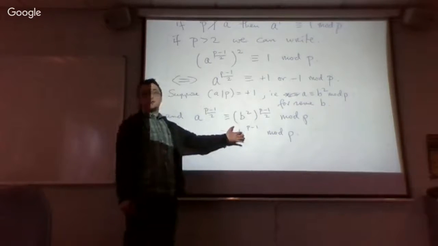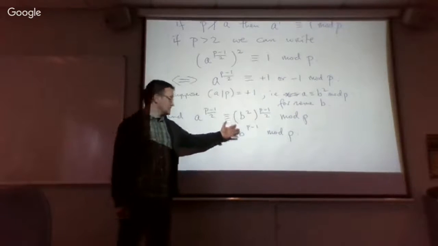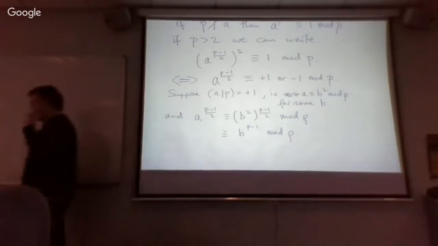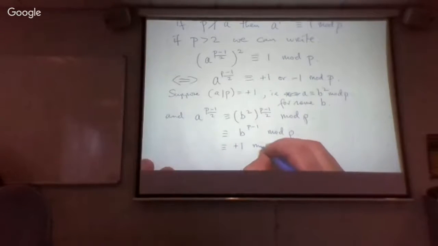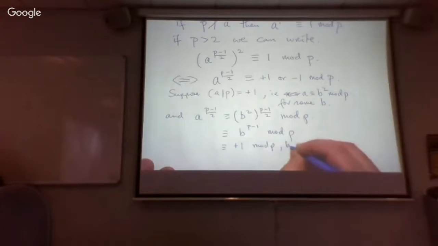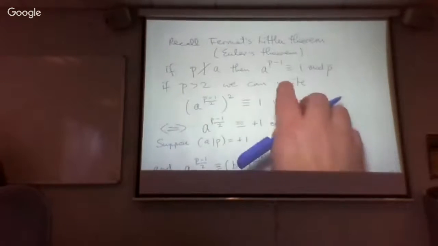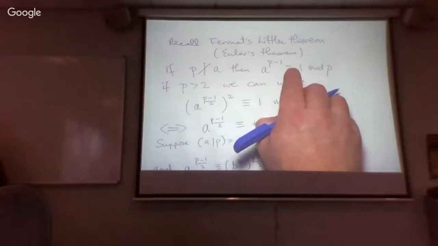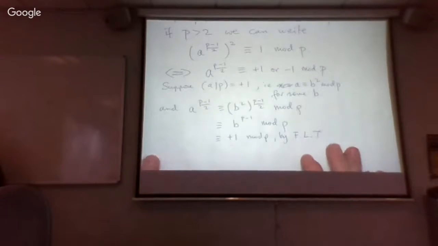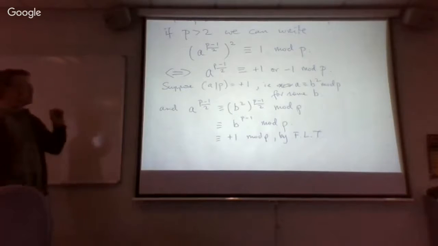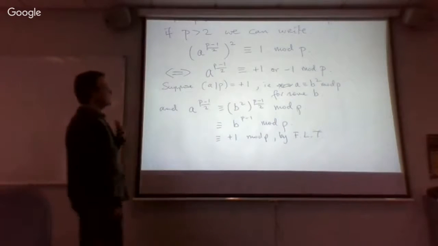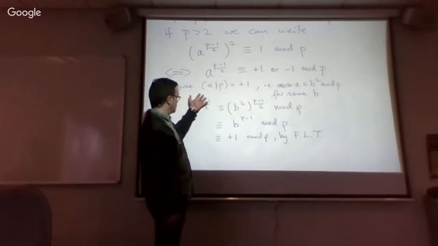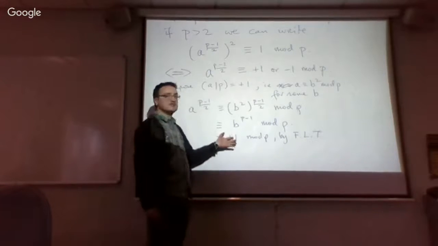But then Fermat's theorem applies: anything raised to the power of p minus 1 is congruent to plus 1 modulo p. So if a starts off being a quadratic residue already, when you raise it to the power of p minus 1 over 2, you have to get plus 1.